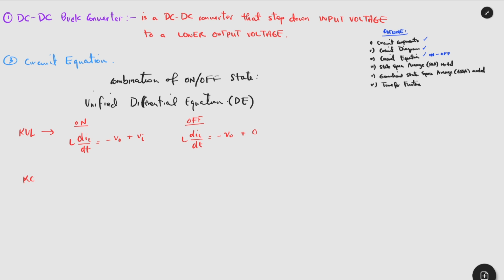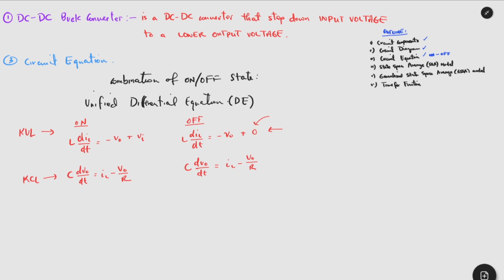And for the KCL, we have C dV naught on dt equals IL minus V naught on R, and it is the same for the off state. So the only difference occurs when the V in is removed from the equation during the off state.